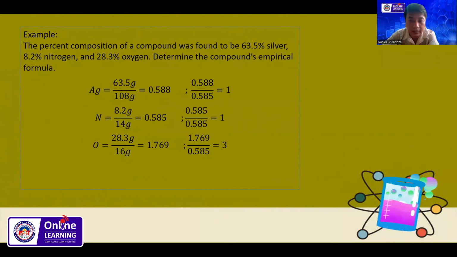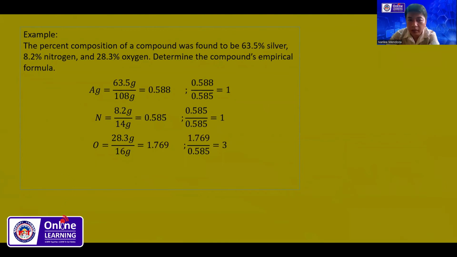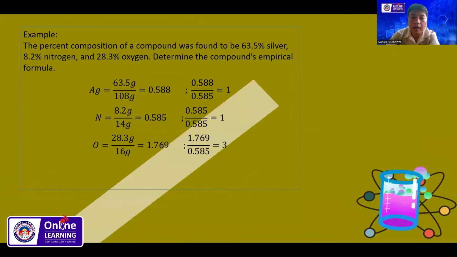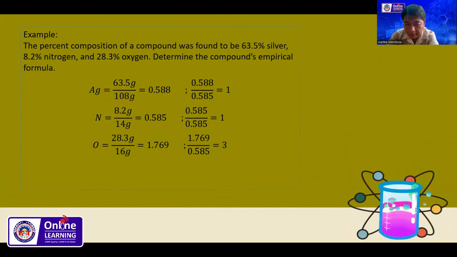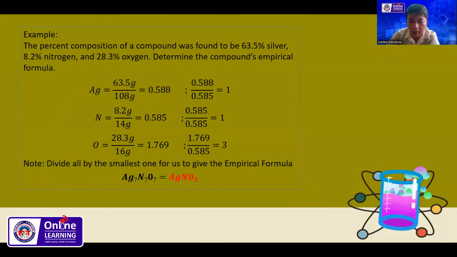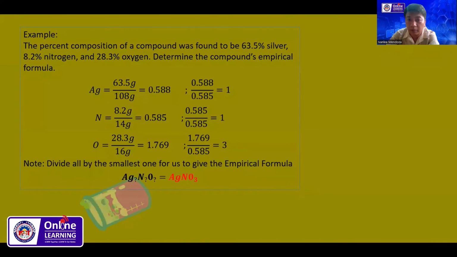So the answer is 3. Now, after getting the quotient of every element by dividing all by the smallest one, we can give the empirical formula.